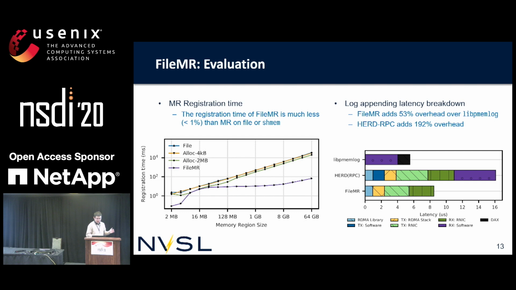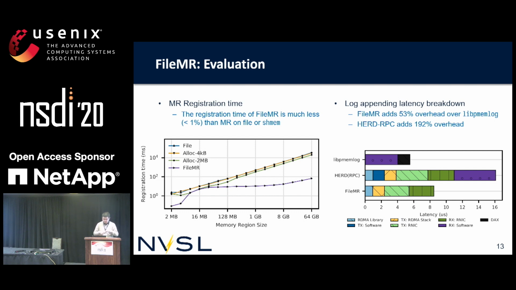Here is a quick evaluation. If we compare the registration time for FileMR versus allocating and mapping on huge or 4 KB pages, we can see more than two orders of magnitude time saving.